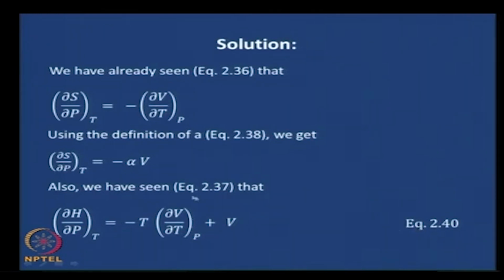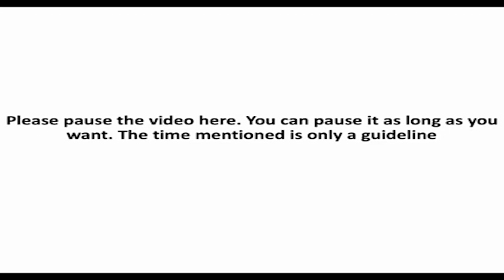I have started you on this process, so take some more time to see whether you can build up on this, develop on this, and get the internal energy, enthalpy and entropy in terms of easily measurable variables for which data is available, such as P, V, T, alpha and kappa. Go ahead.